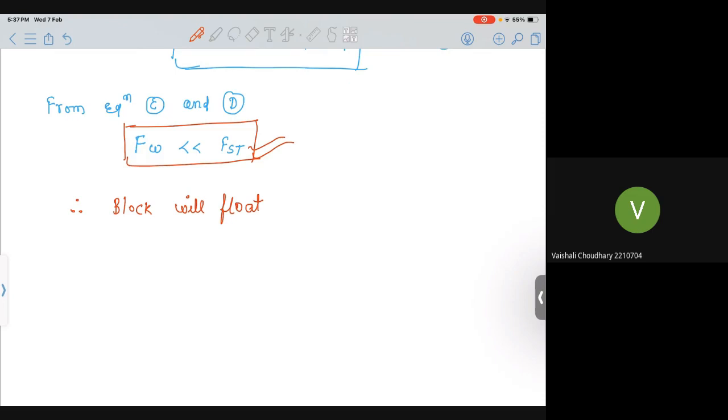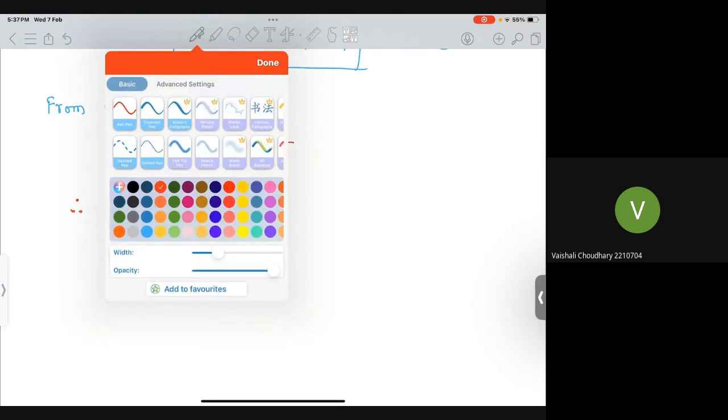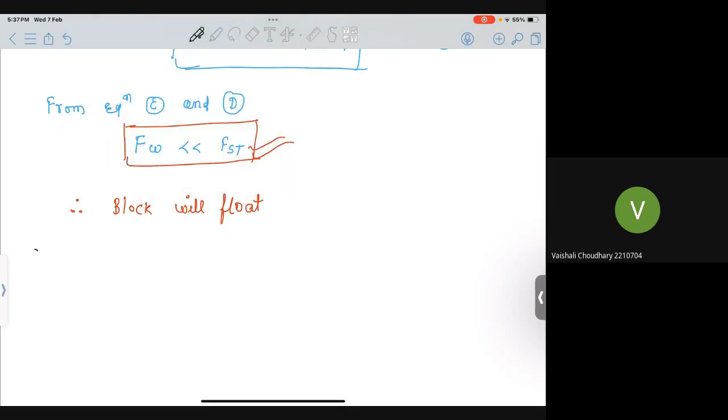So now we see what the critical length is where these two forces will be equal. Okay, so now we'll calculate the critical length, where the downward force is equal to the surface tension force.